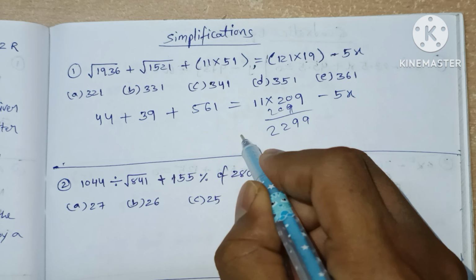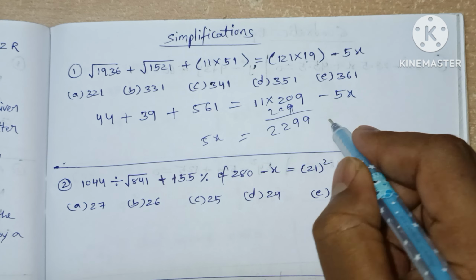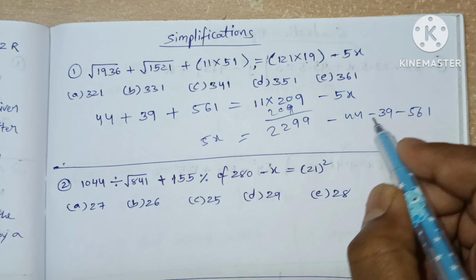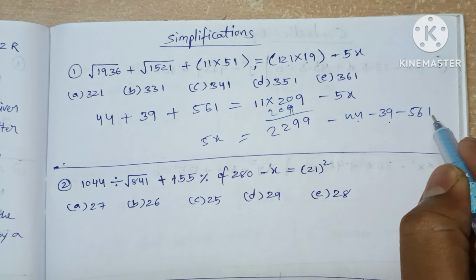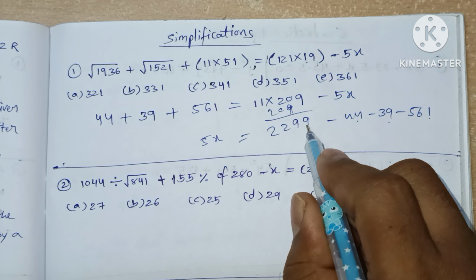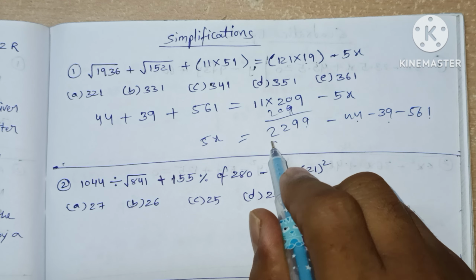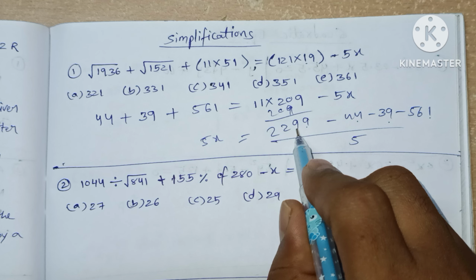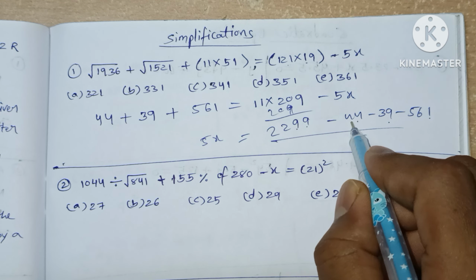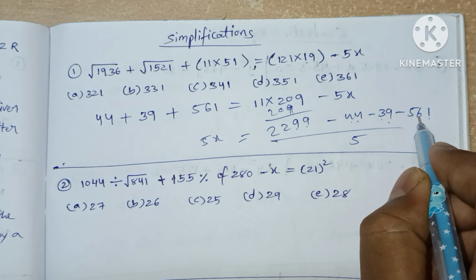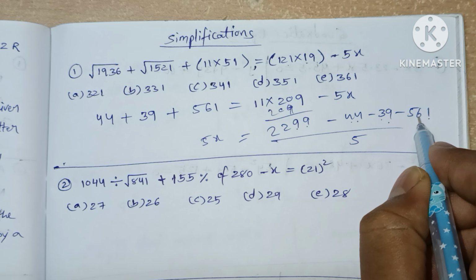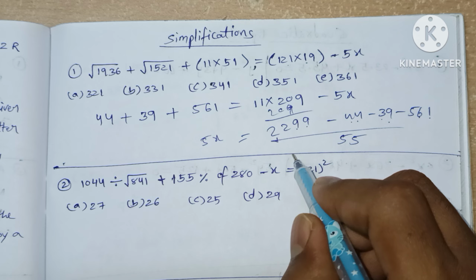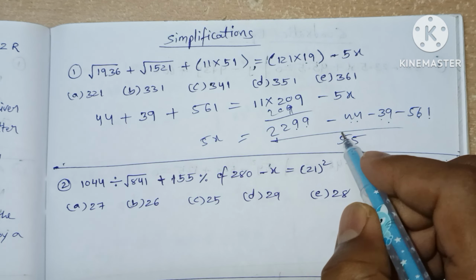This 5x comes this side, these all come this side, with 44 minus 39 minus 561. 4 plus 9 is 13, 13 plus 1 is 14, 14 minus 9 means we get 5. 8 minus, this will be 7, 7 plus 6 is 13, 18 minus 13, we get 5.